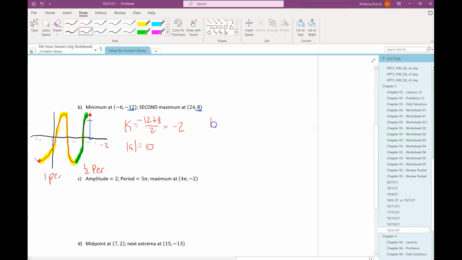So I have 1.5 periods equal to the horizontal distance from -6 to 24. So the x-coordinates, because it's a horizontal distance. How many units is it to go from -6 to +24? 30 units, right? 6 units to get to 0, and then 24 more units to get to 24.